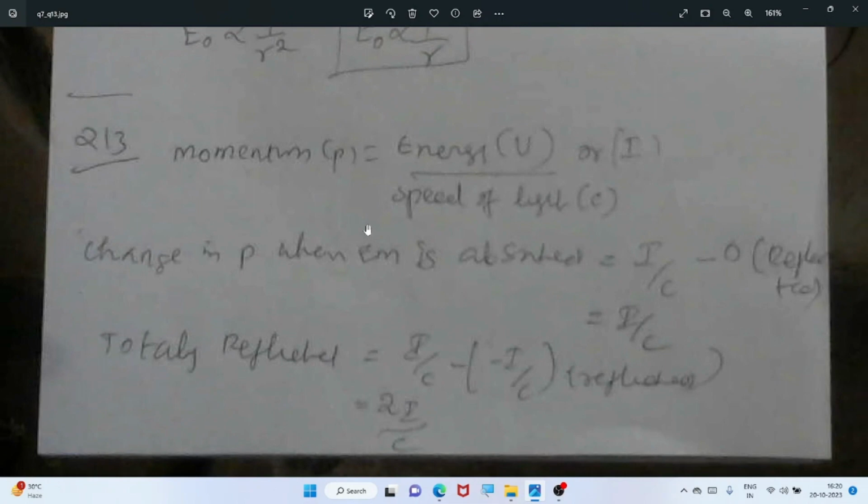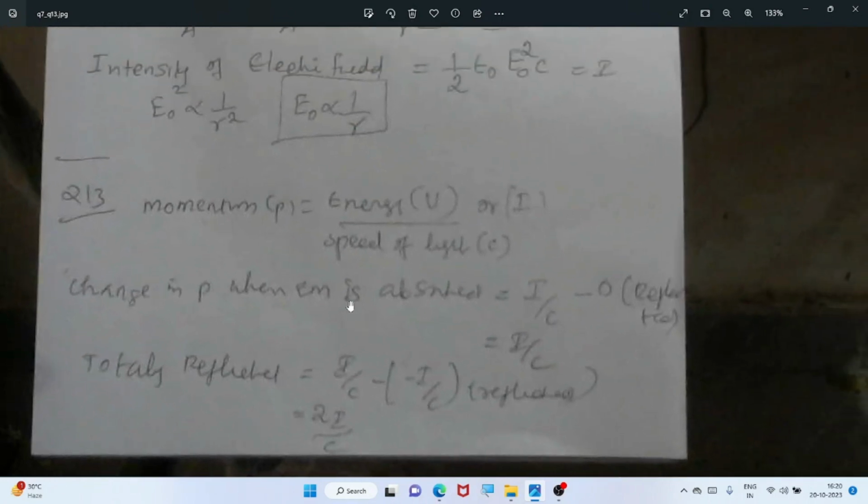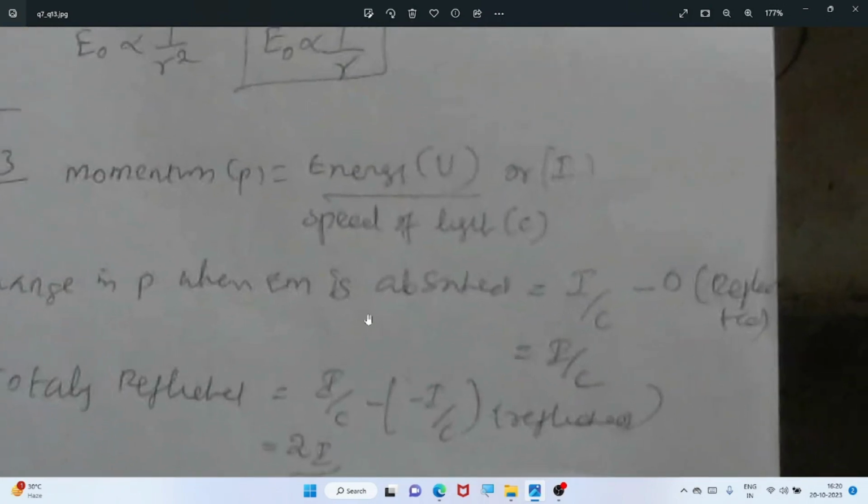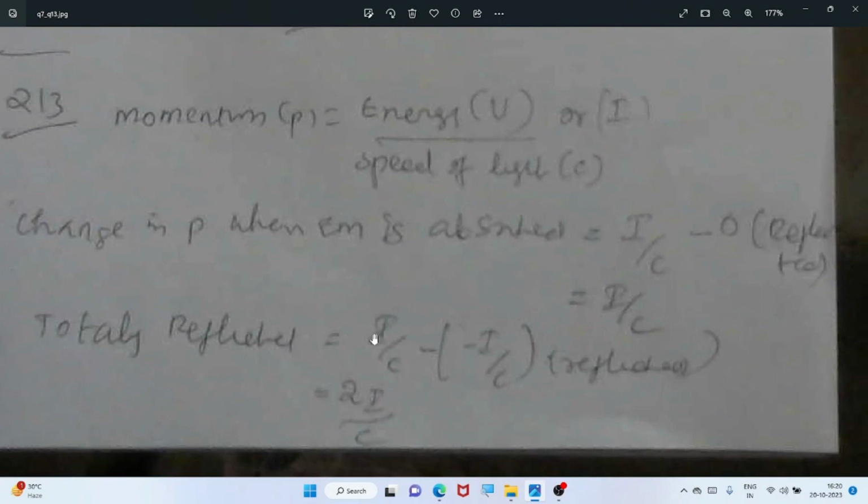Momentum p equal to energy divided by the speed of light. Change in momentum: when the EM wave is totally absorbed, the reflected momentum is 0. But if it is totally reflected, this is the forward momentum and this is the reflected momentum, so 2I by c for total reflection, and I by c for total absorption.